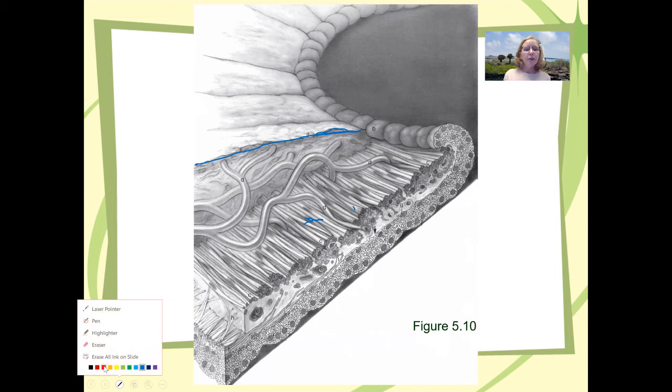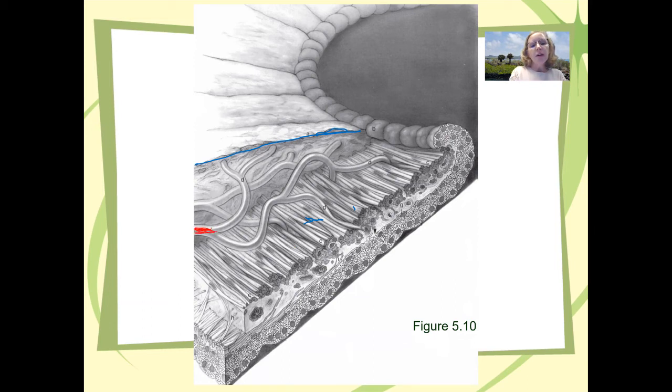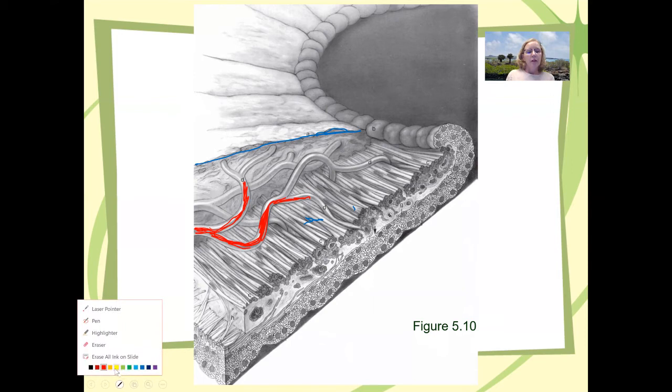Posterior to the anterior border layer, we have some stroma, and as part of that, we have some blood vessels. You can see all of the radial blood vessels that are going through the stroma. We have the sphincter muscle.